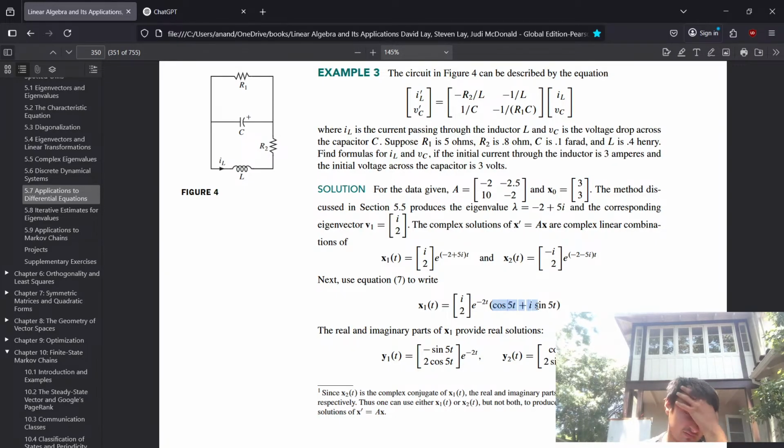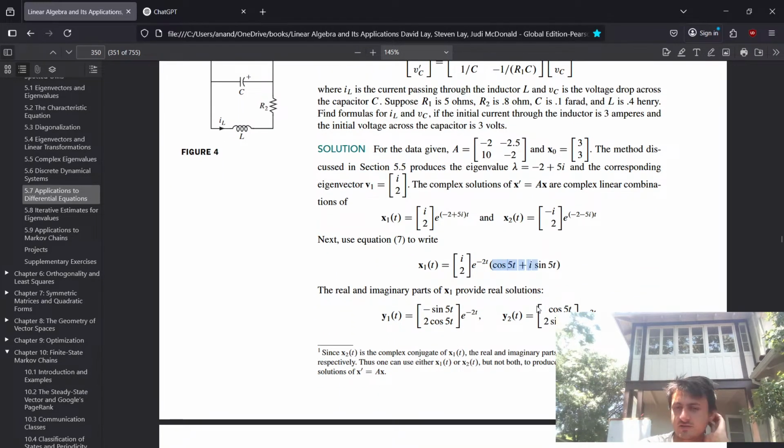Dude, Euler's identity is nuts. All right, the real and imaginary parts of x1 provide solutions.